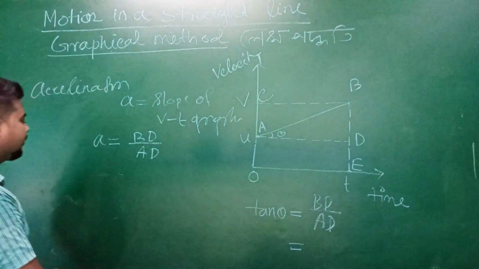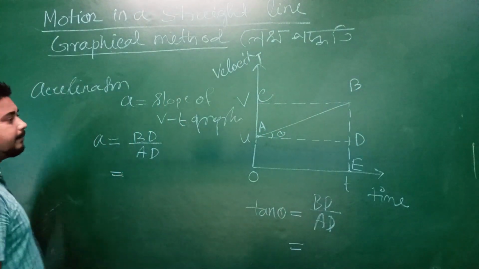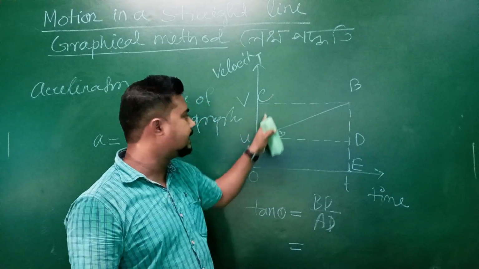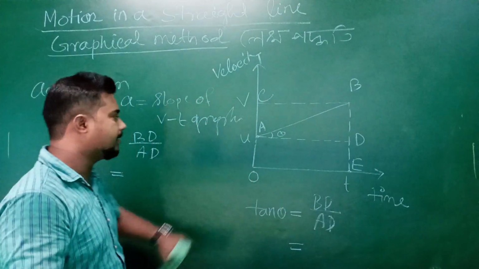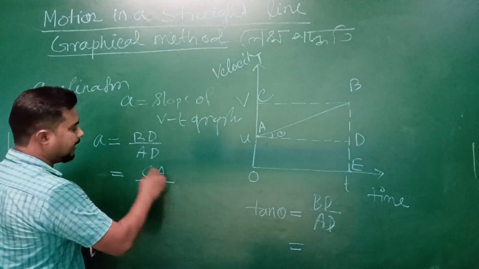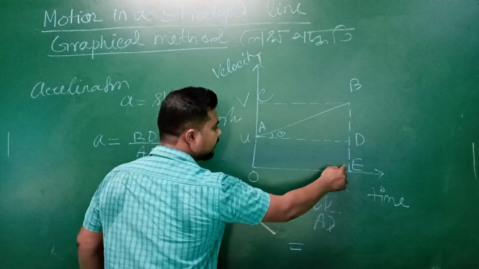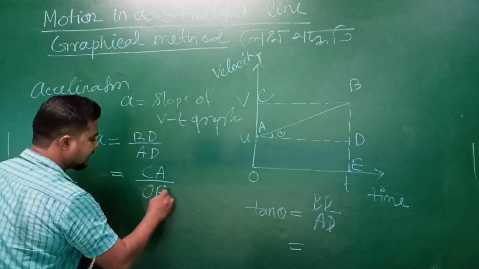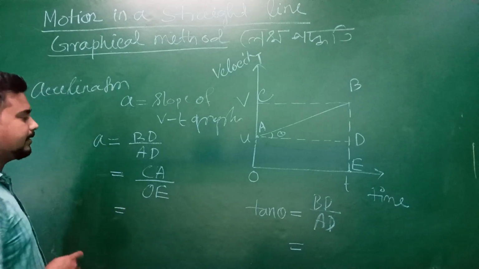From the graph, BD is equal to CA, which is the same length, and AD is equal to OE.